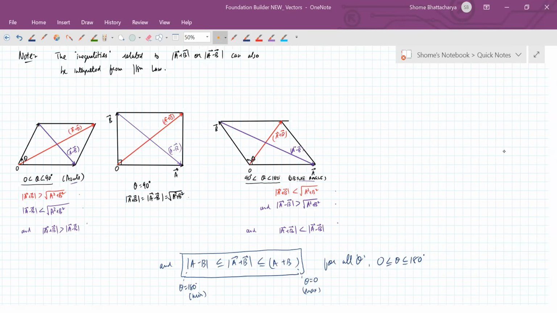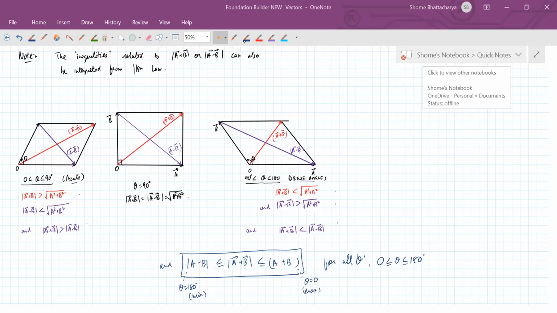Make a note of this quickly. Yes, we will discuss examples also, but first write down the inequalities.